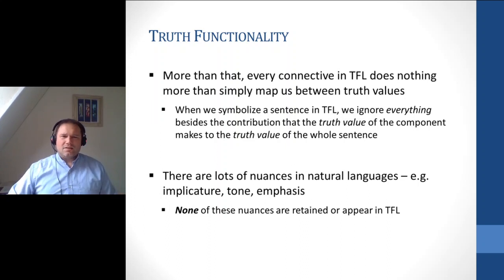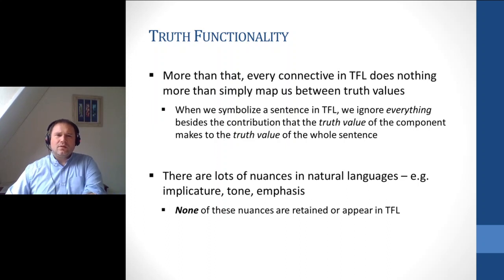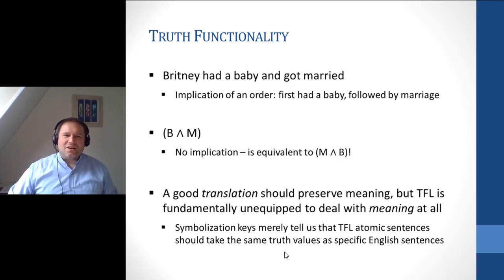So we can highlight this by thinking about an English sentence. Take, Brittany had a baby and got married. Now, in everyday English, it strictly doesn't have an order, but there's an implied order. That is, Brittany first had a baby, and then she got married. And that's why this is sort of scandalous information.